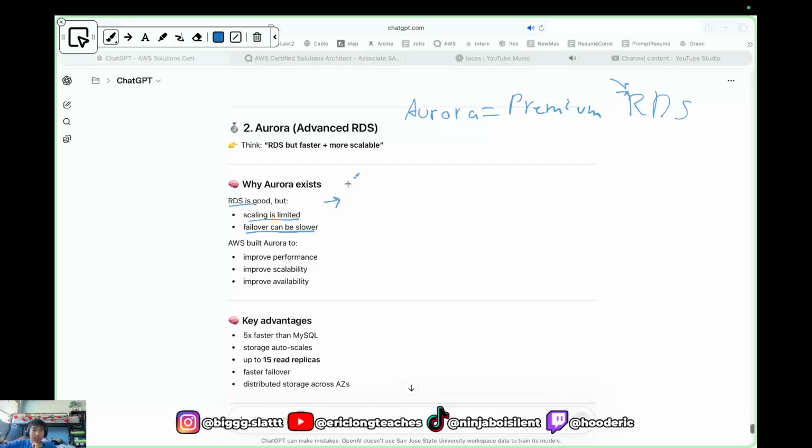So I guess RDS is not as fault tolerant. RDS has limited scaling, is not fault tolerant, and is not as quick to recover.